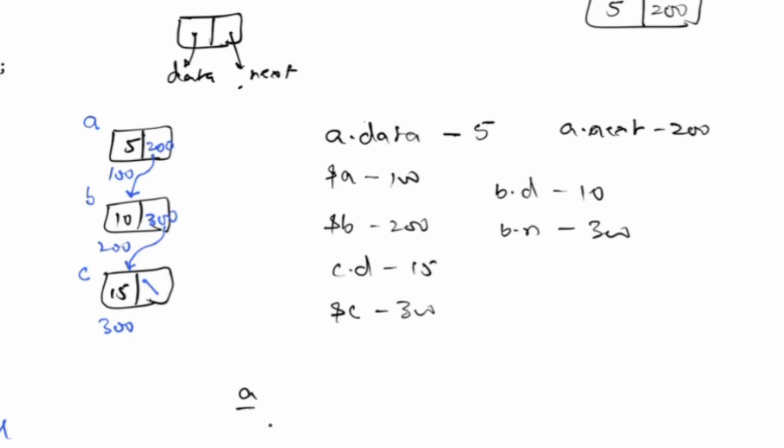What if I say A? Then it will print nothing because A doesn't mean anything. A is the entire structure, right? If I say value at A dot next, then what will get printed? What is A dot next? A dot next is 200. So value at 200 is the entire structure.